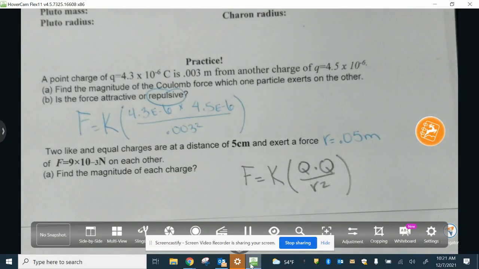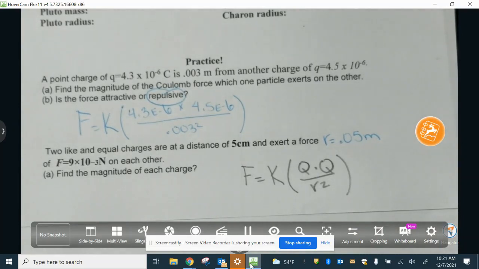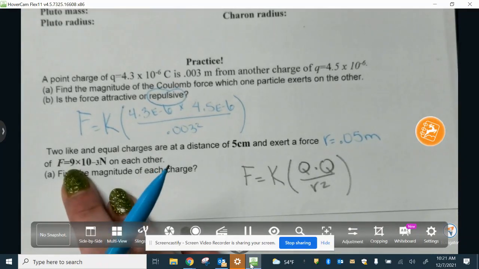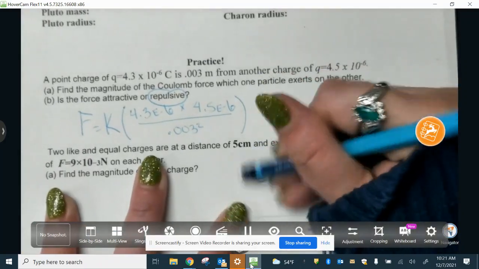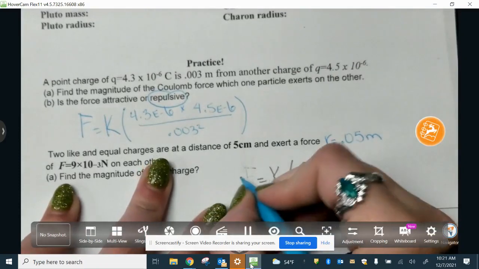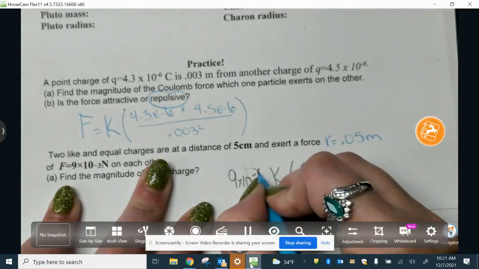All right. So when I write out this is my formula, and I've written it out. Now it says F equals 9 times 10 to the negative 3. So I'm going to take my F, and instead of writing F, I'm going to replace that with that 9 times 10 to the negative 3.